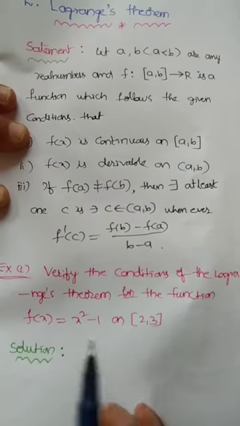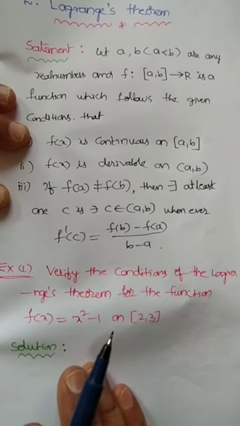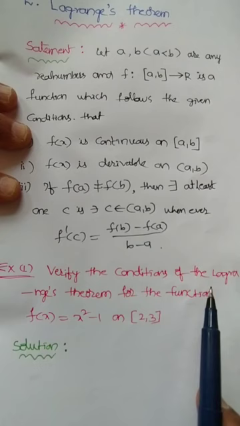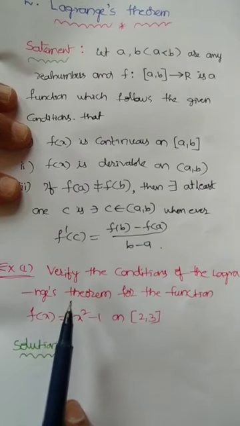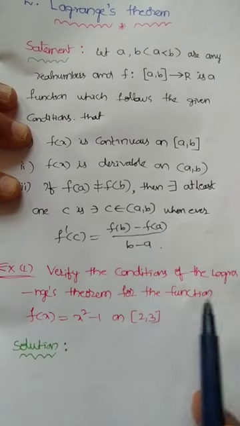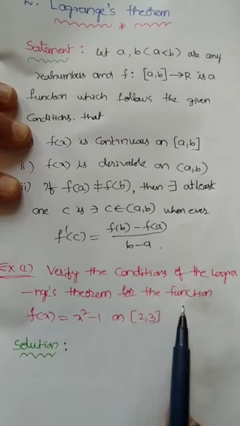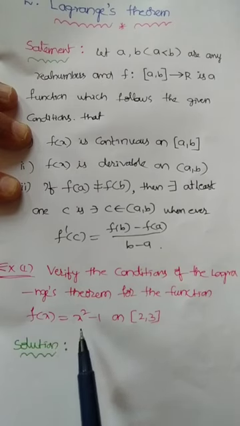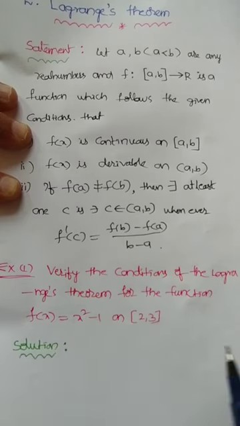Now we will verify one example problem of Lagrange's theorem. What is our problem? Verify the conditions of Lagrange's theorem for the given function f of x is equal to x square minus 1 on 2 comma 3.